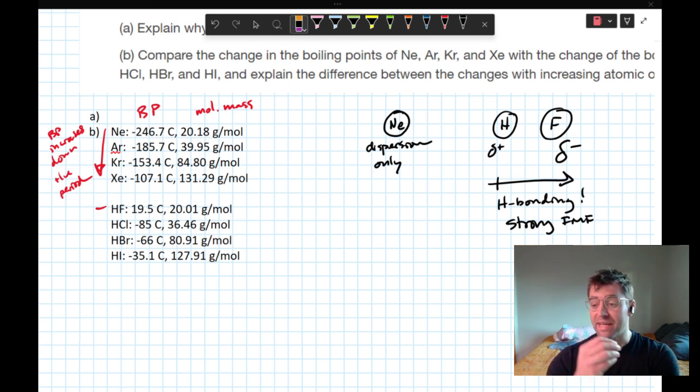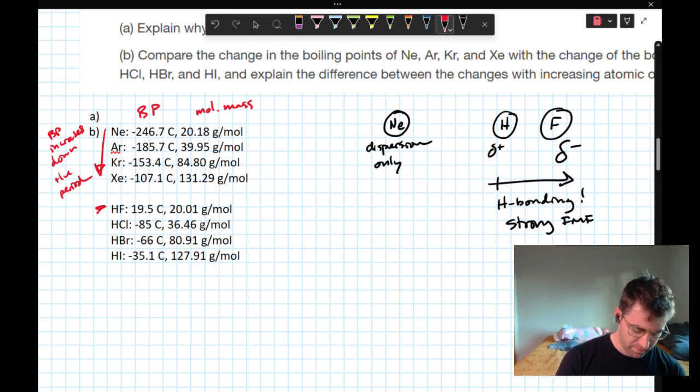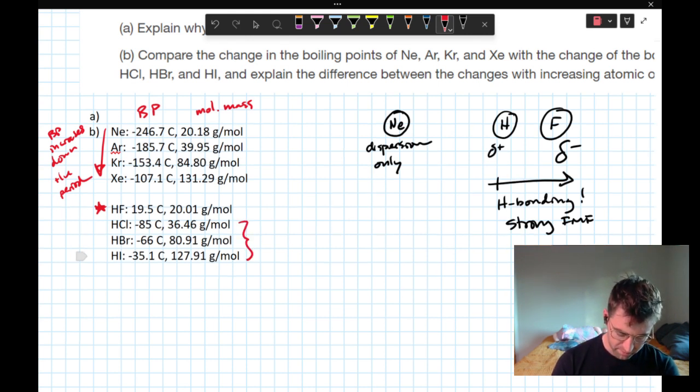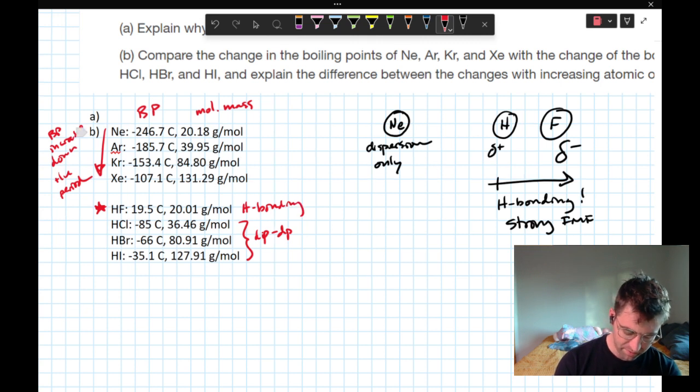We could look simply at the mass and intuit this heavier thing, this more massive atom requires more energy to displace it. I think that makes sense, right? Hydrogen fluoride is unique because it's participating in hydrogen bonding while the rest of these are not. So dipole versus H bonding.